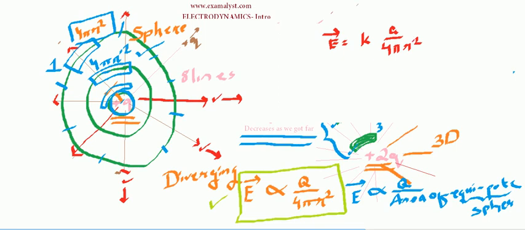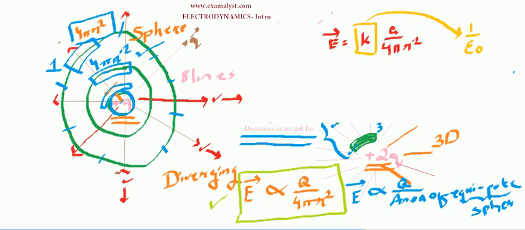Agreed? Now the idea is, what is this k? You see, this k turns out to be 1 by epsilon naught. Let me tell you why.